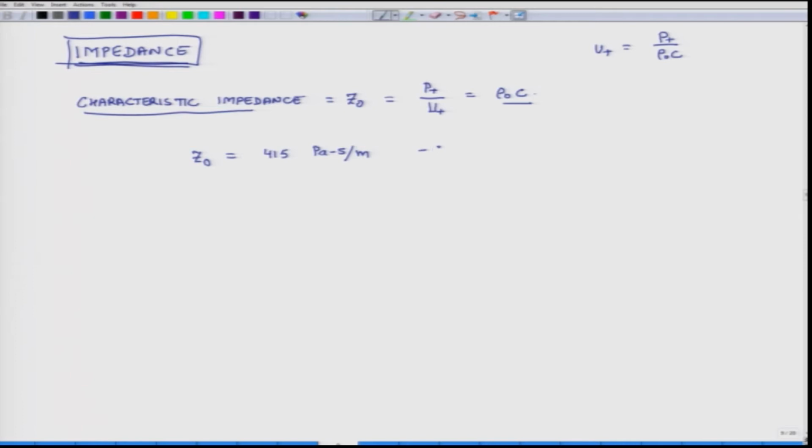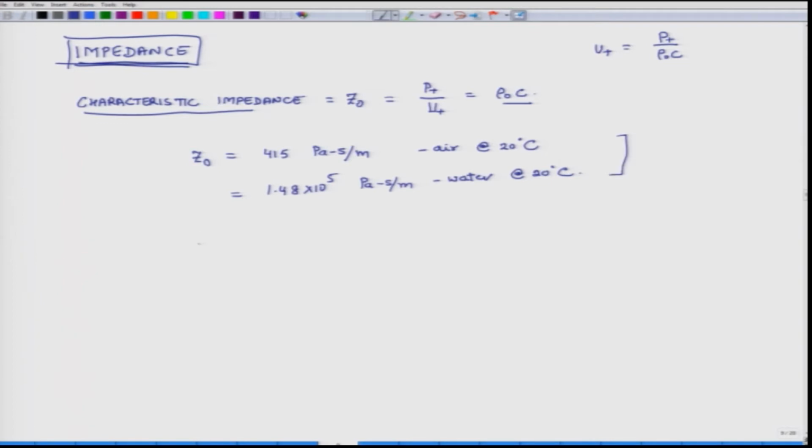This is for air at 20 degrees centigrade. And in water, if we have sound waves traveling in water, it is about 1.48 times 10 to the power of 5, again Pascals second per meter. So, this is for water at 20 degrees centigrade.